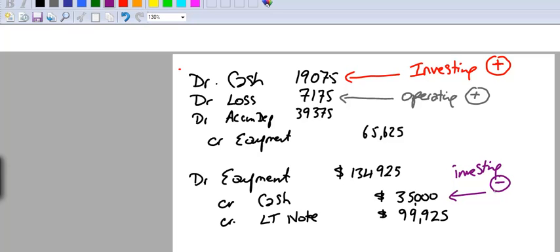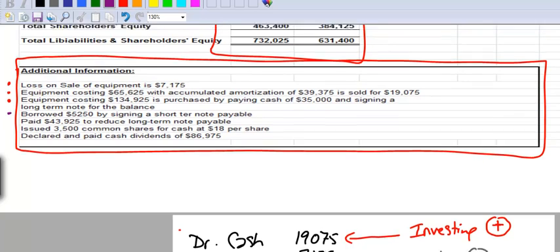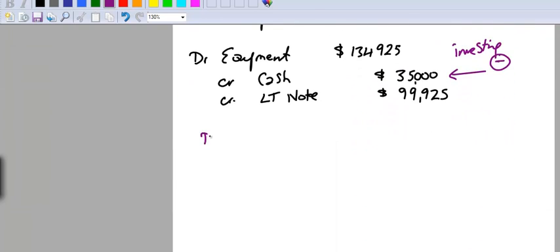So we've done the first 3 bullet points. We're going to go to the next bullet point, and it says we borrowed $5,250 by signing a short-term note. So we borrowed cash.